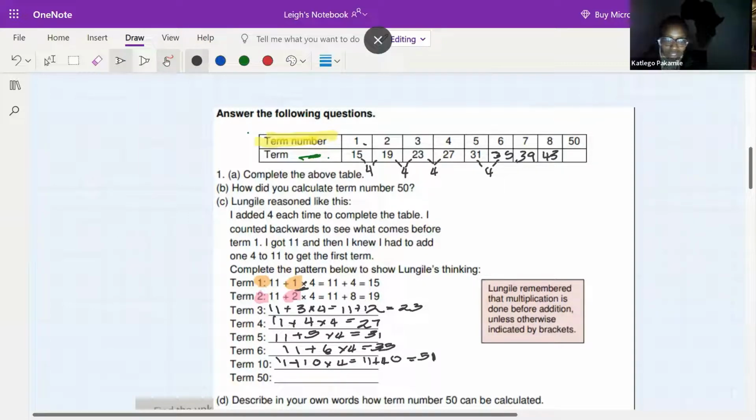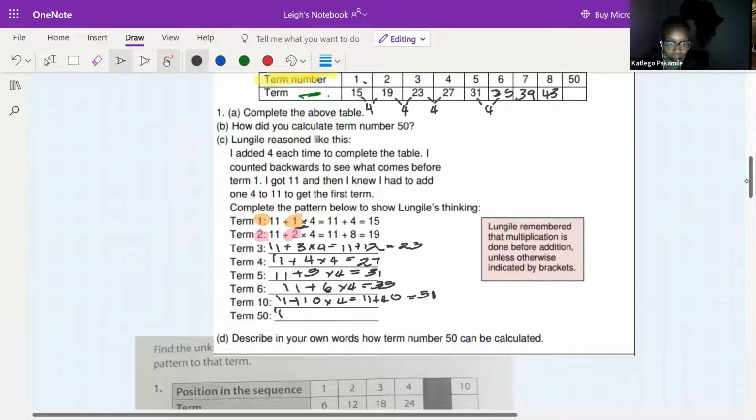And then, okay, who did I say is doing number, Takalani? Term number 50. Ma'am. Mm-hmm. So we're going to say 11. Okay, wait, let me move this down. 11 plus.